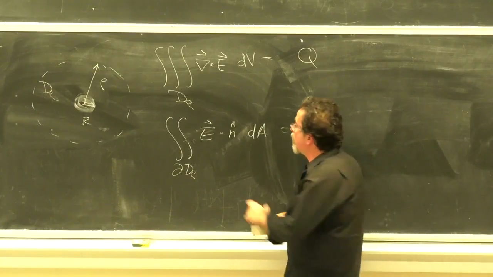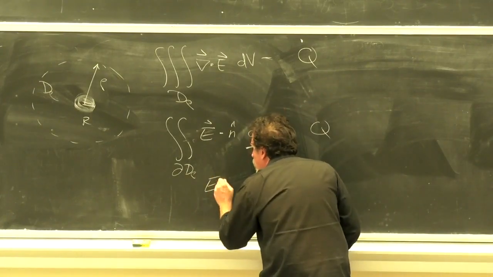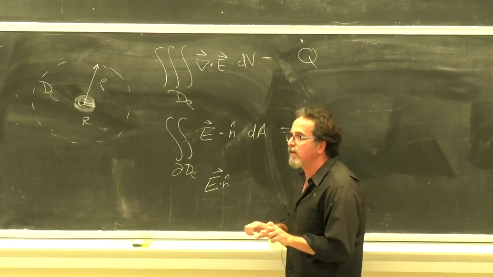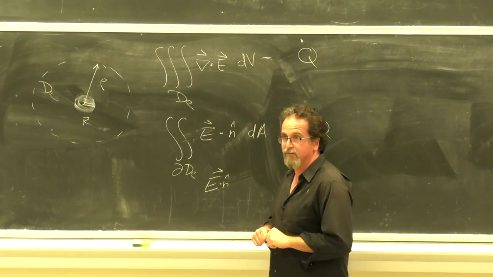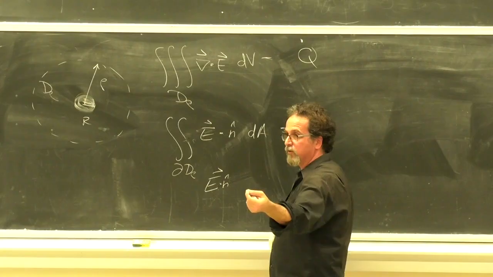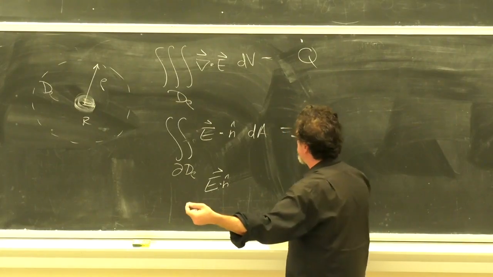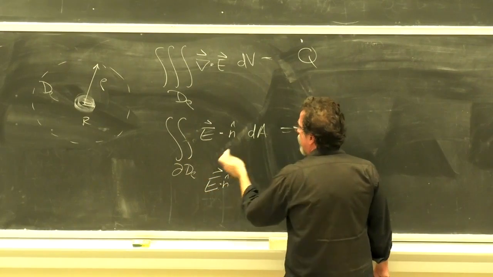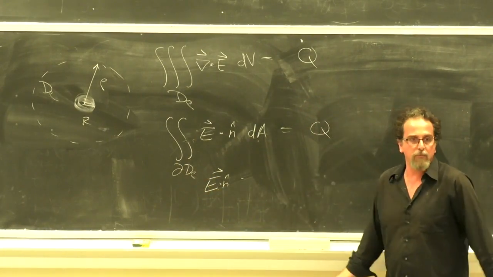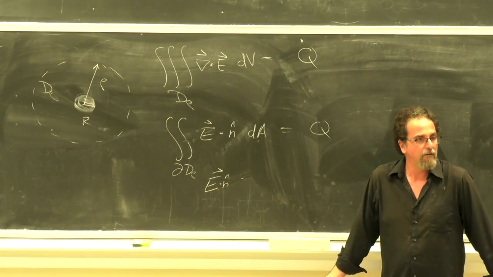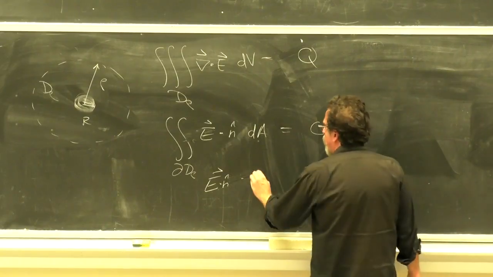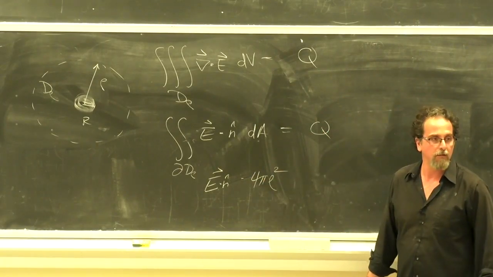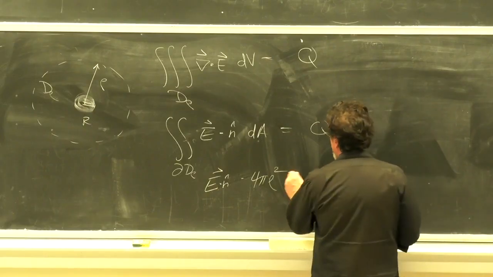Okay? So this thing comes out. This is the normal component of the electrical field, which is the radially outward component of the electrical field. Okay? Multiplied by the double integral of dA on the sphere. Well, that's just the area of the sphere, right? Which is 4 pi rho squared. And that's equal to Q.